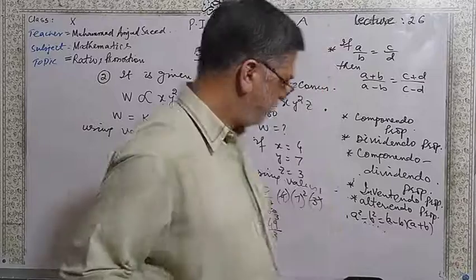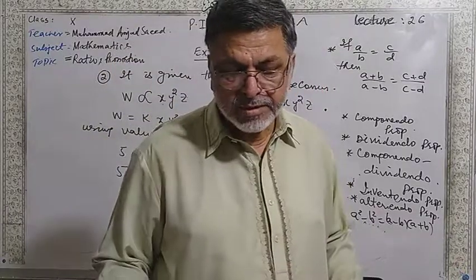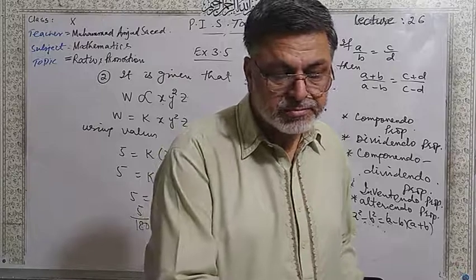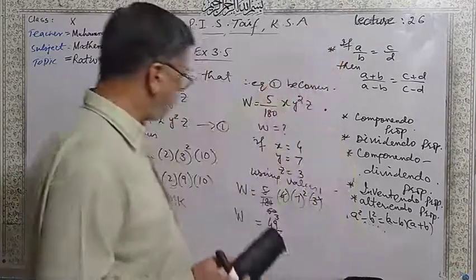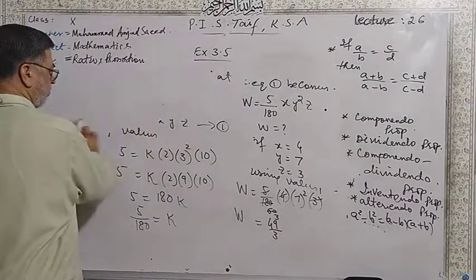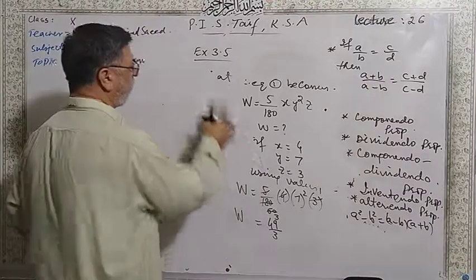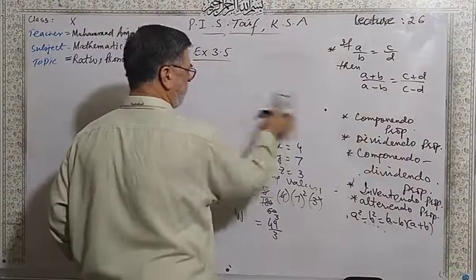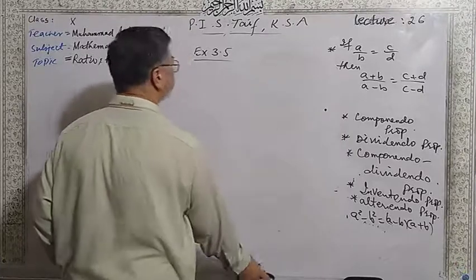That's your answer, 49 over 3, that's your question number 2. If you divide it by calculator and find your answer in decimal, no problem, that will be correct also. If you leave it, then it's okay.